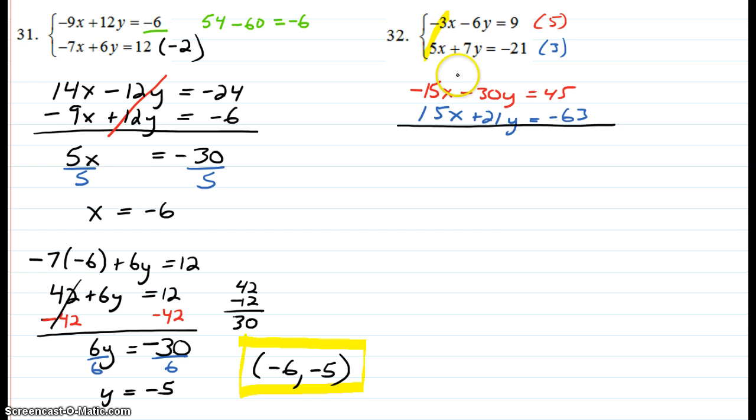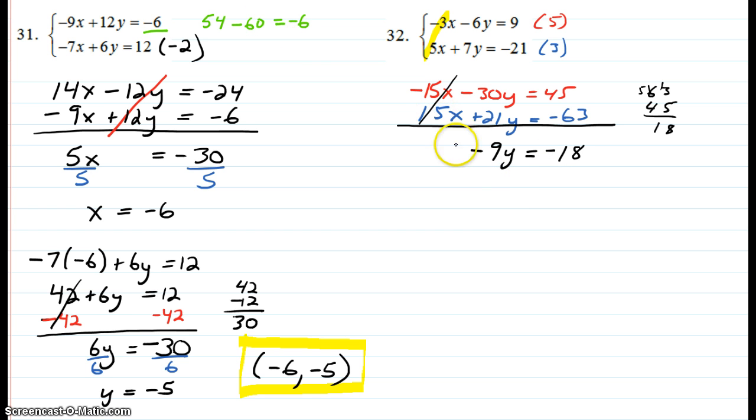All we gotta do is add them together, they go away. So I'm left with -9y equals, and so the signs are different, so we're going to subtract. So just off to the side, do 63 minus 45, and so that's going to give us 18. And we want to keep the sign of the bigger number, so we have more negatives, so it's -18.